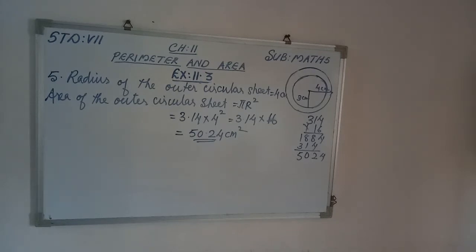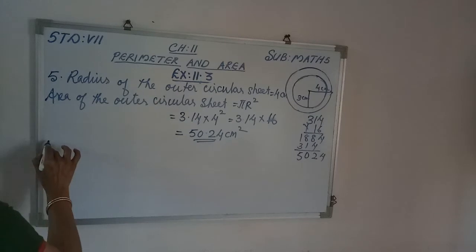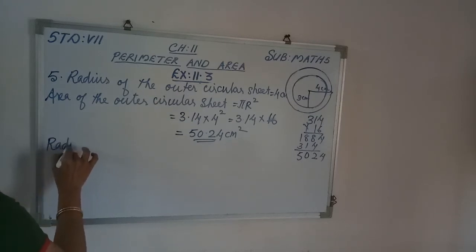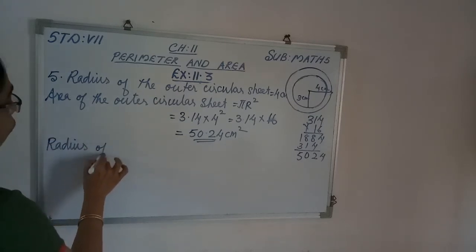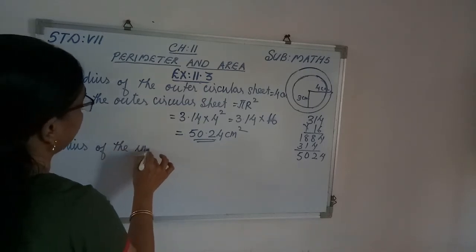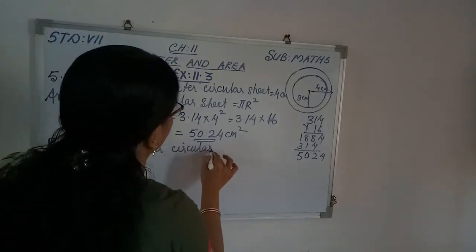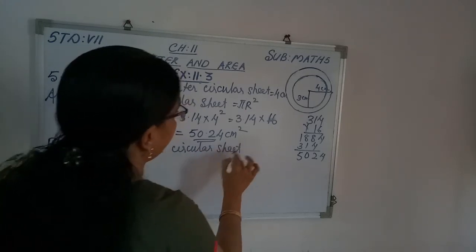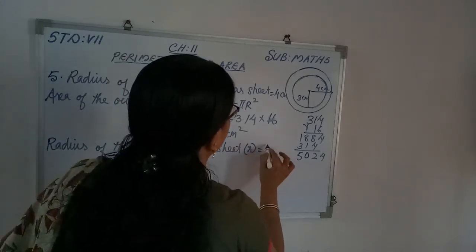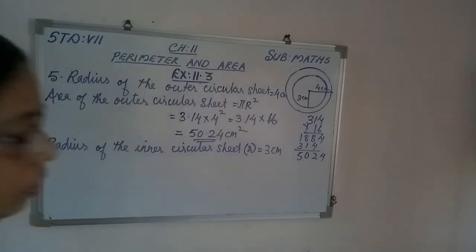That is given. Radius of the inner circular sheet, let it be small letter r, that's equal to 3 centimeter.